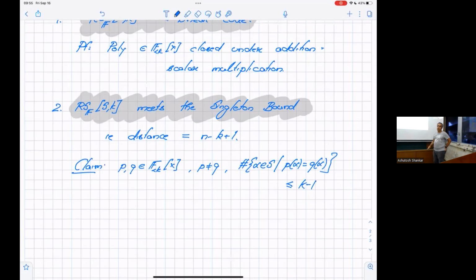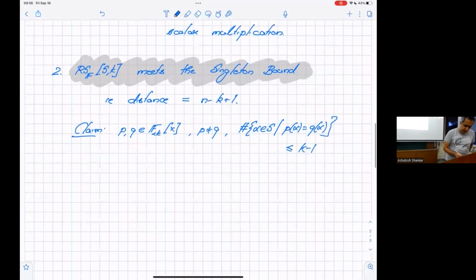The distance property will be an immediate corollary of this, because that means they disagree on at least n minus k plus 1 points. Therefore, the distance is at least that. The Singleton bound tells you it can't be greater than that, so the distance will be equal.